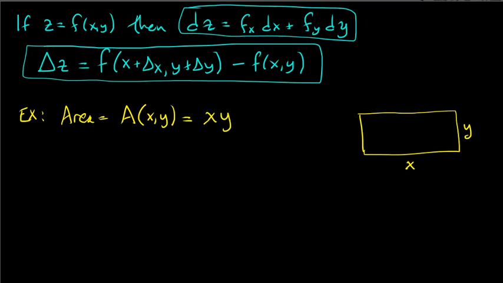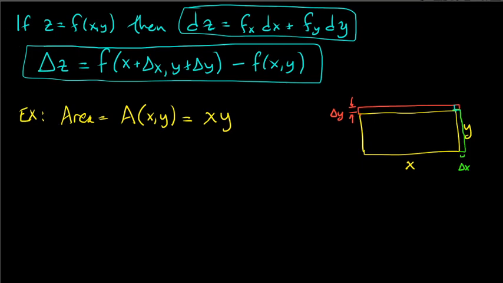Okay? All right. Now, what we want to do is change X a little bit. If we increase X by this amount here, I'll call it delta X, and we increase Y by a little bit, I'll call this little piece here delta Y. So that's what you get.